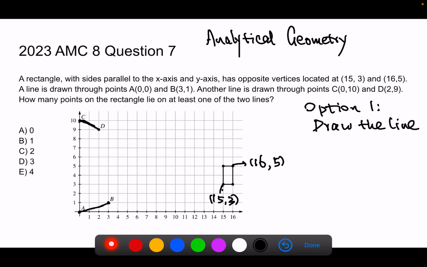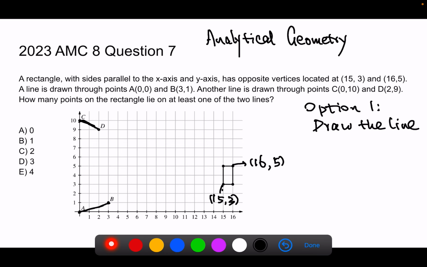But when there are coordinates, you can just try to draw things up, because when you have coordinates, things are very accurate.